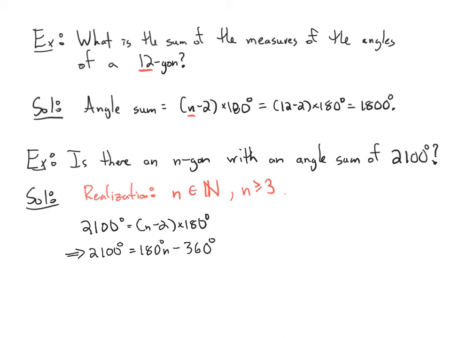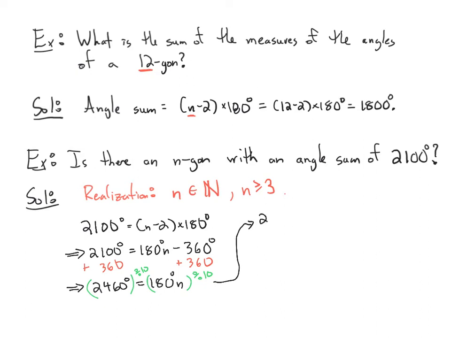Okay, we want to solve for n, so let's add 360 to both sides. And we get that 2,460 degrees equals 180 times n. And just to make my life a little bit easier, I'm going to divide both sides by 10, since they both have a factor of 10. You don't have to do this. You could go straight to dividing by 180.